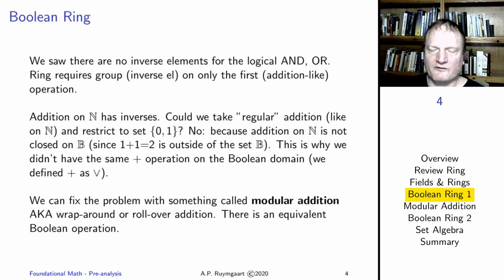So 1 plus 1 would fall outside of it, and our operation wouldn't be defined on that input pair. That's exactly the reason why we didn't have the same type of addition as on natural or whole numbers in the first place on the Boolean domain. Now, we can fix this problem by introducing another type of addition called modular addition. And we'll talk about that next.